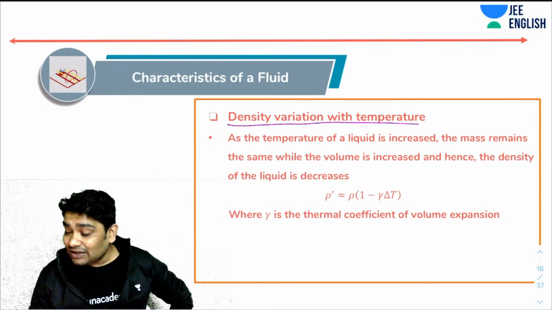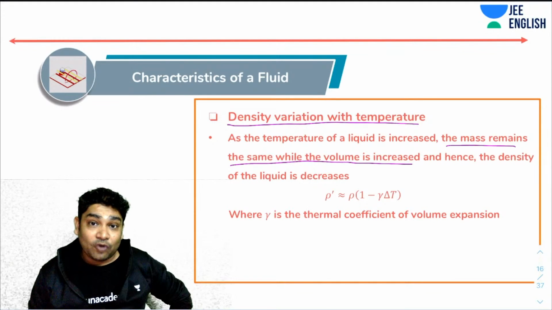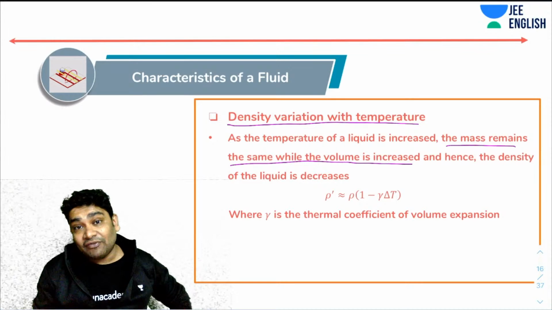Right now, you should know that the mass remains the same while the volume increases. Now, if the mass is remaining the same and the volume is increasing, what happens to the density? Density would have decreased.